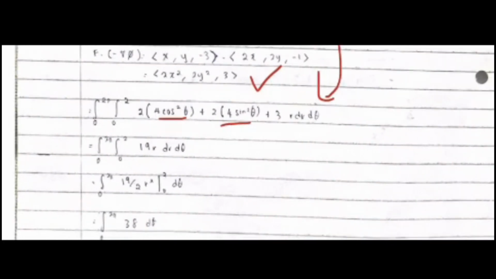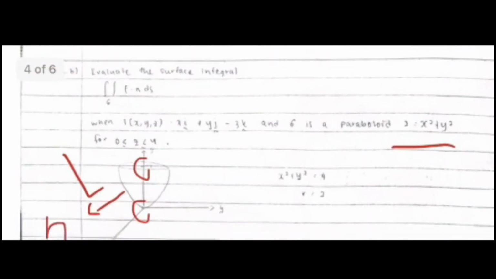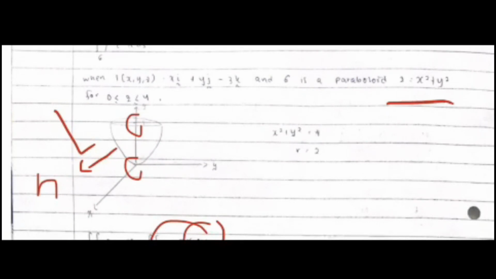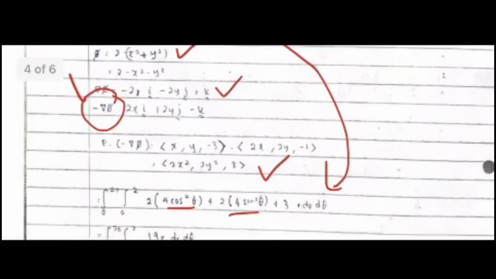For the limit of r, it is from 0 to 2, because we get it from the equation of the paraboloid, and from z, where z is from 0 to 4 and here is equal to r square. So we will get r from 0 to 2.